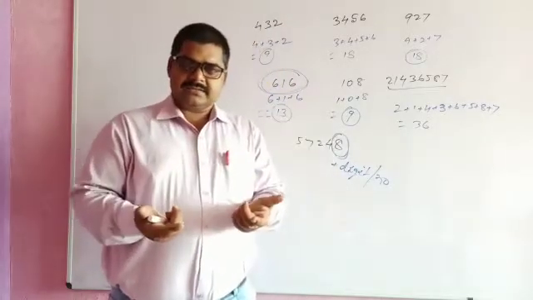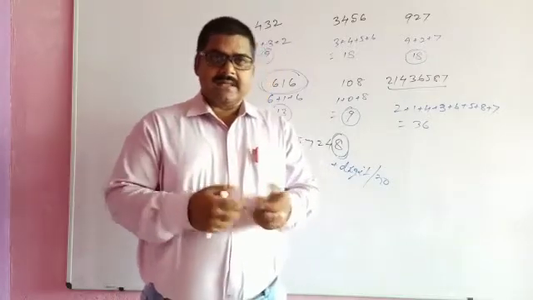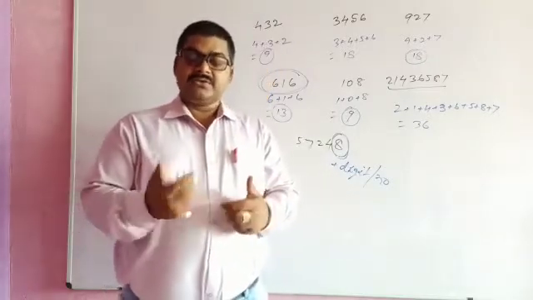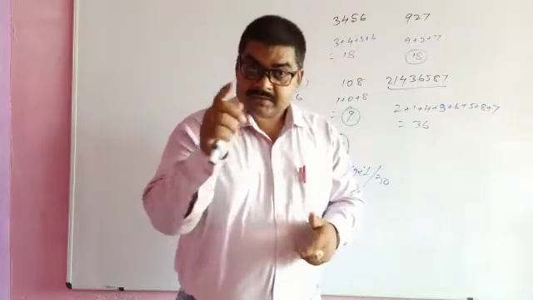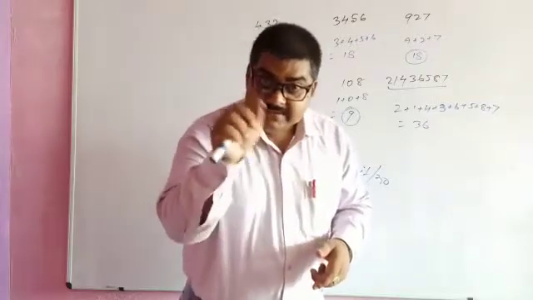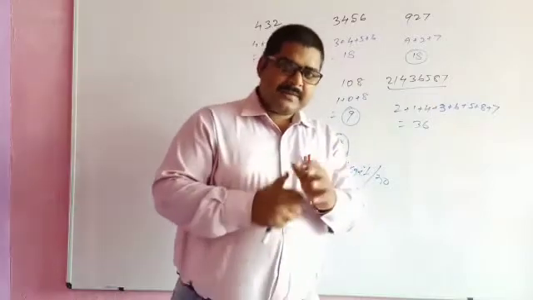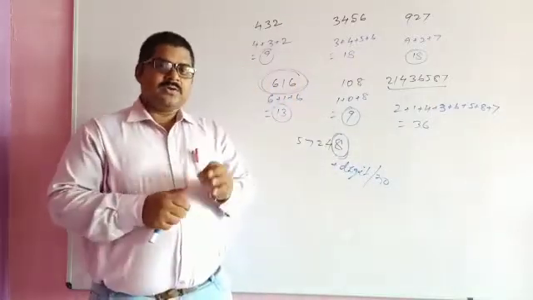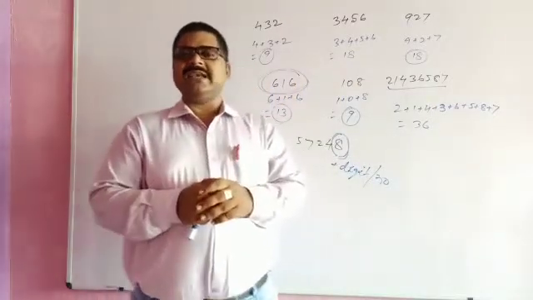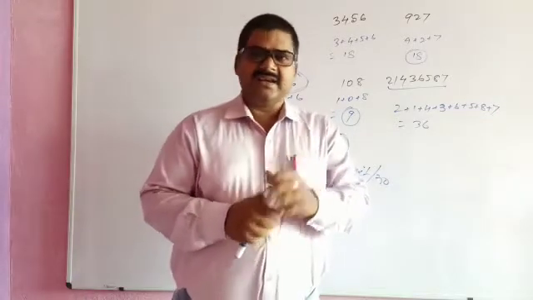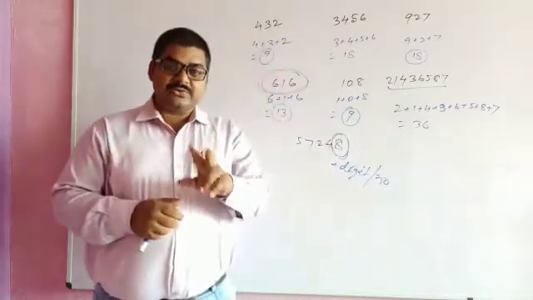Add 0, then 8; add 1, then 8 plus 1 is 9; add 2, then 8 plus 2 is 10, and its unit place is 0. Since its unit place is 0, the smallest possible digit is 2.